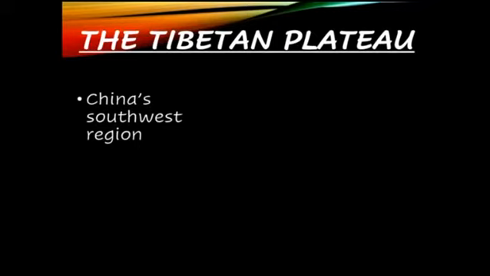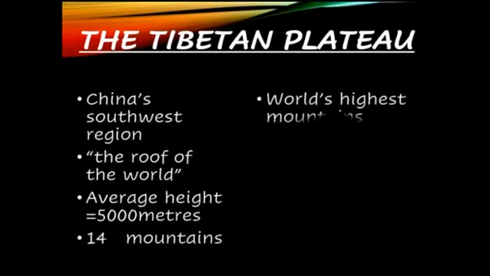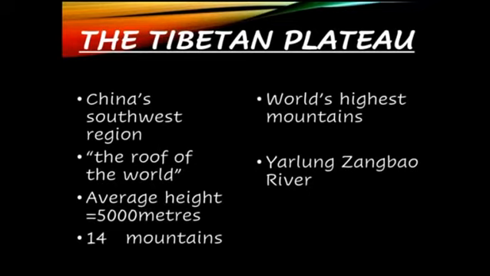The Tibetan Plateau is situated in the southwest region of China, and it is also known as the roof of the world. Its height is 5,000 meters. It also includes 14 mountains in it. The world's highest mountains, K2 and Mount Everest, also exist here. Similarly, the Zhangbao River also runs across the plateau, cuts into a valley.